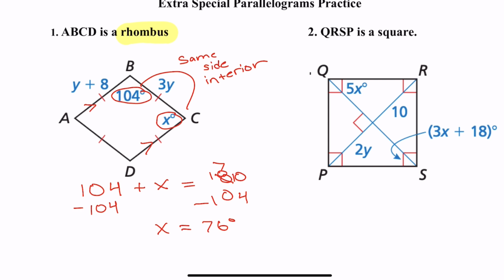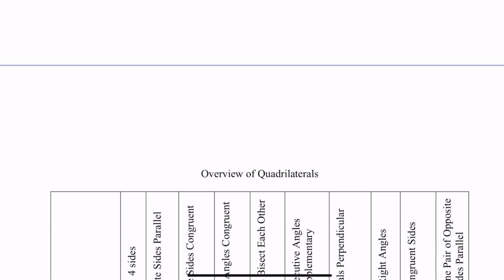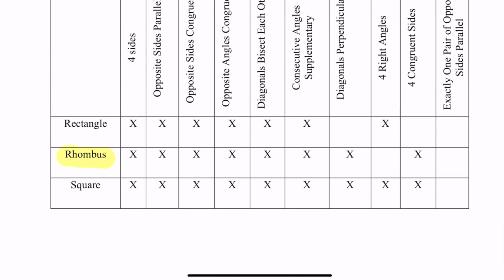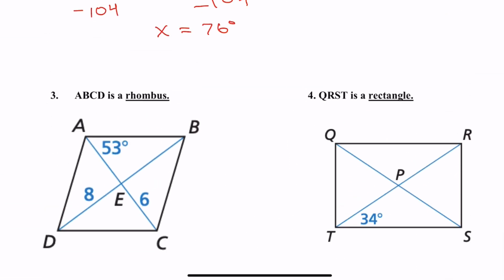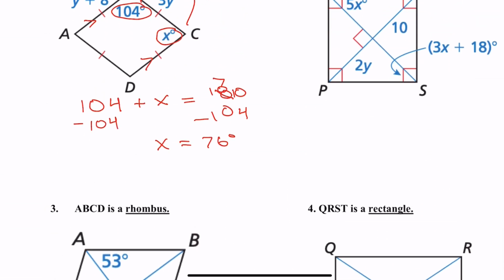For the other part of the problem, they give me 2 side lengths. Let's scroll down to our chart and see what we know about the sides of a rhombus. According to my chart, a rhombus has 4 congruent sides. So no matter what side lengths they give me, I know that they're all equal. So I can set these 2 side lengths equal to one another.